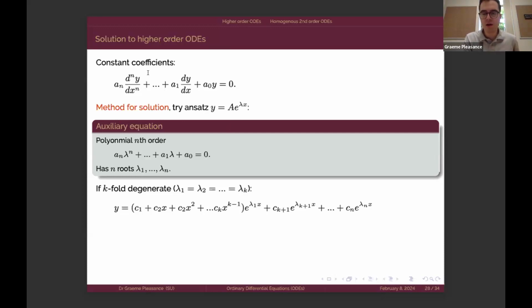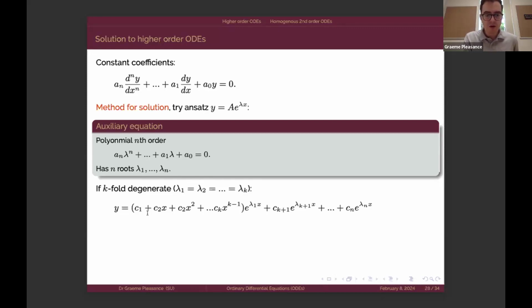When we have an nth order homogeneous ODE that has constant coefficients, we can generate the same auxiliary equation that I generated before using this ansatz. In the special case where we have this so-called k-fold degeneracy, say we have n roots, there are k roots of this polynomial that are the same. Generally speaking, k is less than or equal to n.